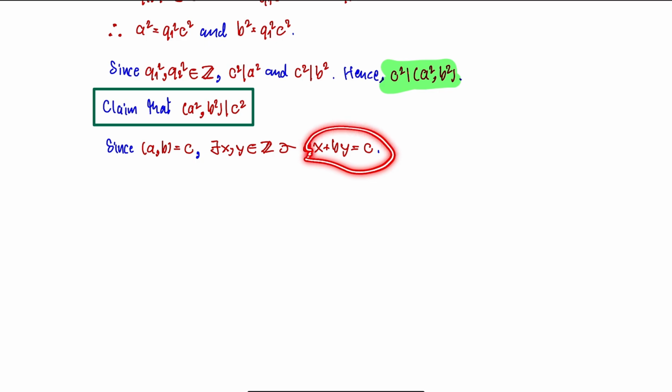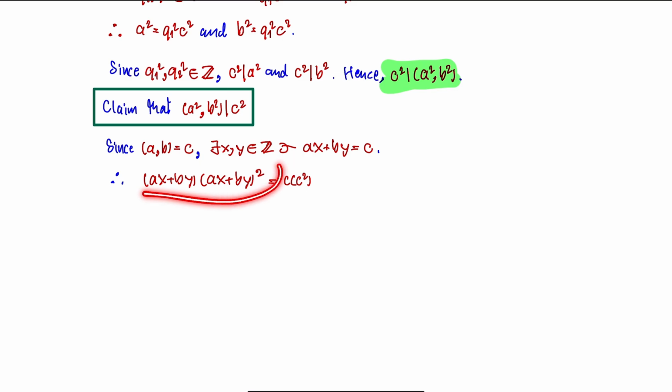And we are going to take this one and raise it to the power of 3. Okay, so that means that we're going to have ax plus by times ax plus by raised to the power of 2. So we're going to have c cubed, right? That means that we have c times c squared.